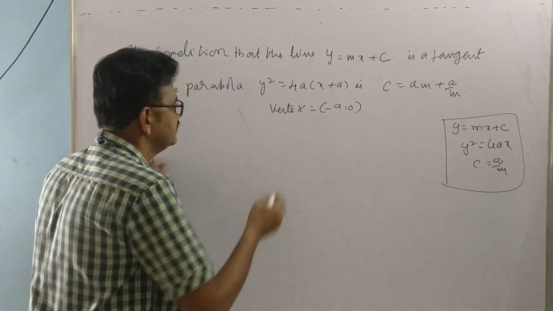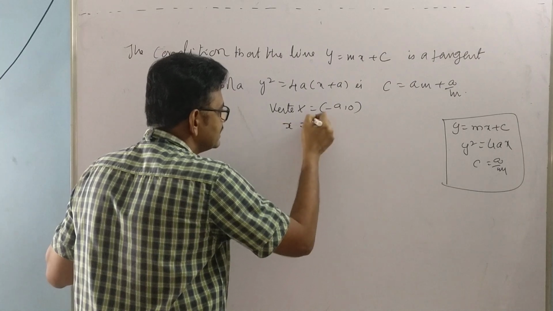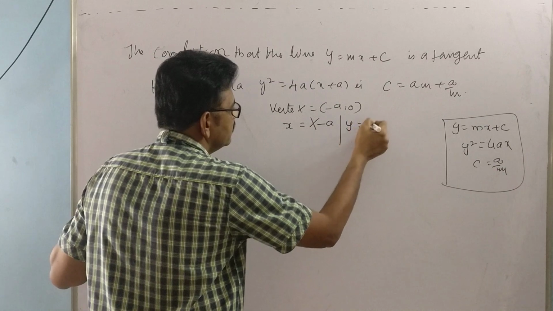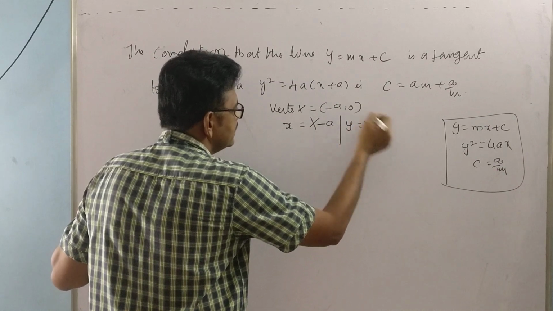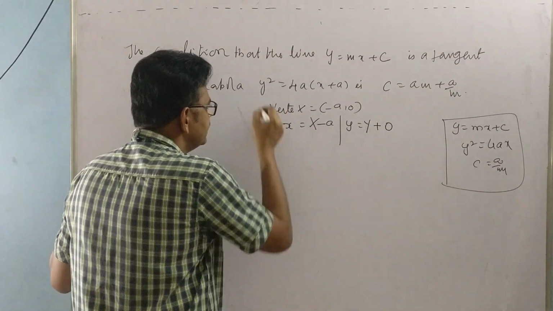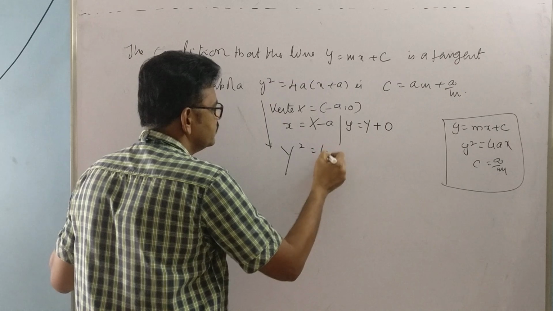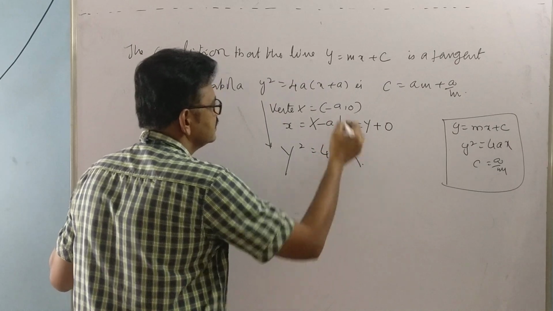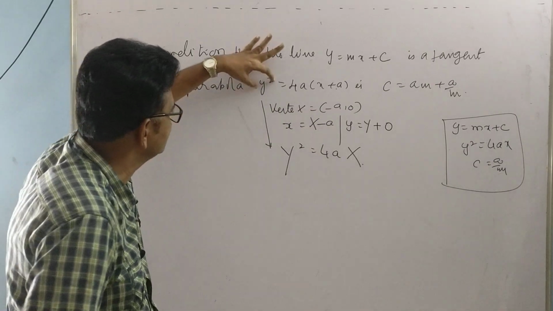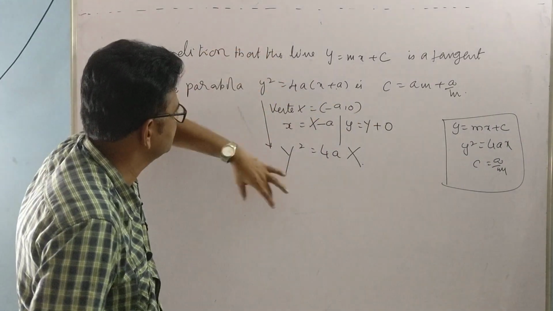Then x equal to x plus h, y equal to y minus k, where k is 0. That means simply you can write y square equal to 4ax.